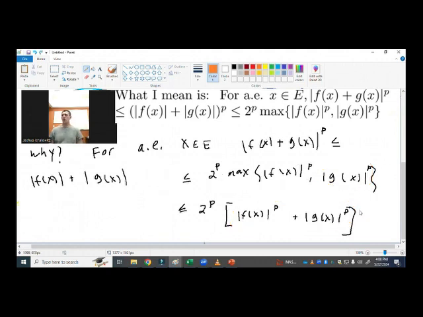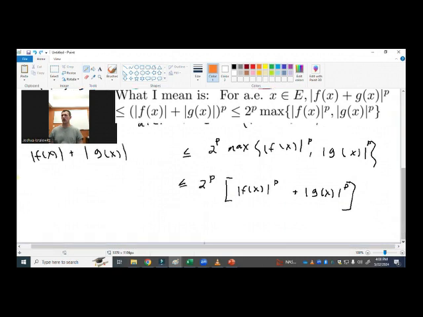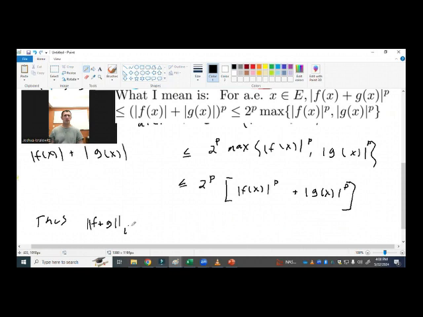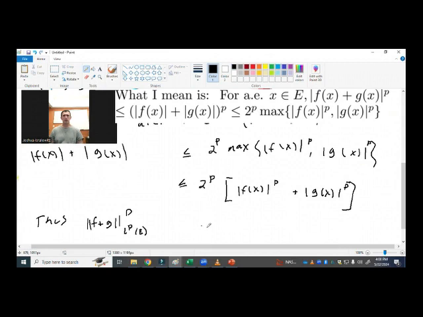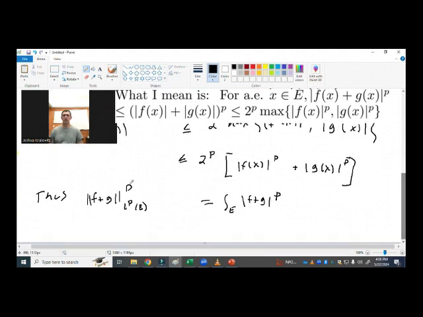So now all I have to do is integrate both sides, and that proves exactly what I want. The LP norm of f plus g on E to the p is equal to this integral here, because raising this to the p undoes that 1 over p.